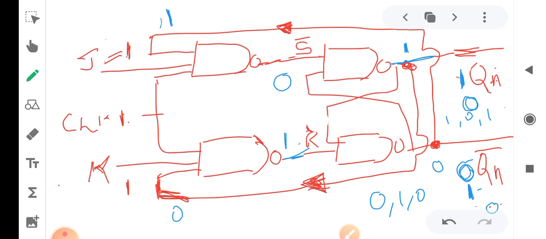As I told you, the clock pulse is level triggered, that is, this positive level. When it becomes positive level, the clock pulse is always 1. So during this time period, that is T by 2, one rising and falling time we can take as the time period, so this time we can take as half of the time period.